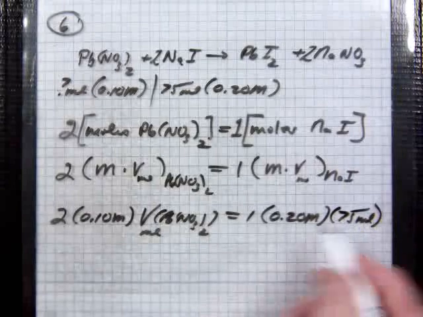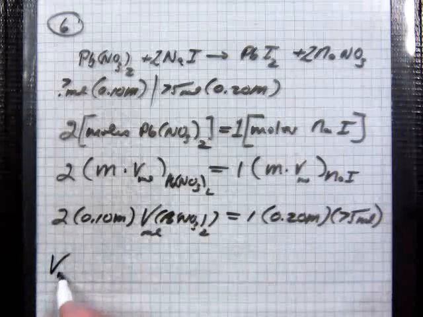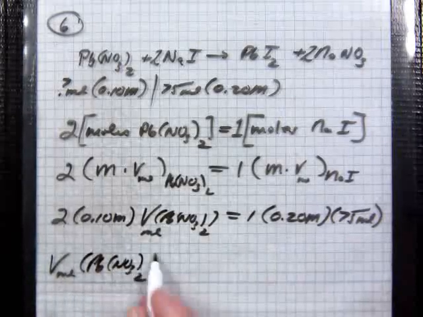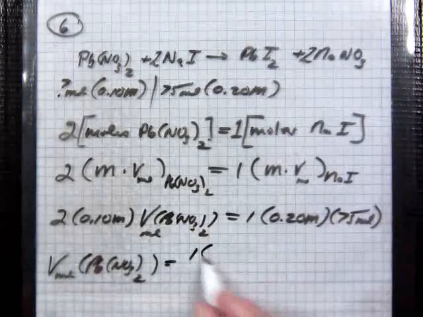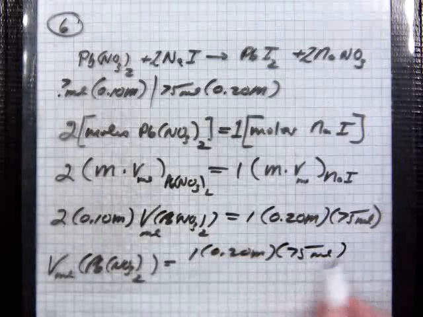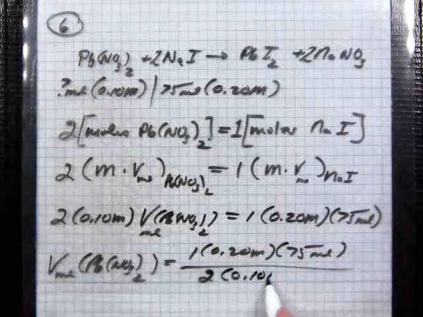And of course that is the sodium iodide. Solving for the volume in milliliters of the lead nitrate, 1 times 0.20 molar times 75 mils divided by 2 times 0.10 molar.